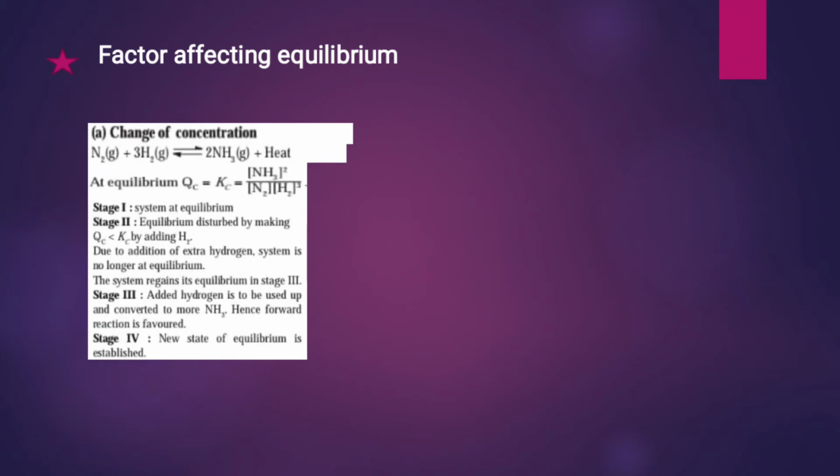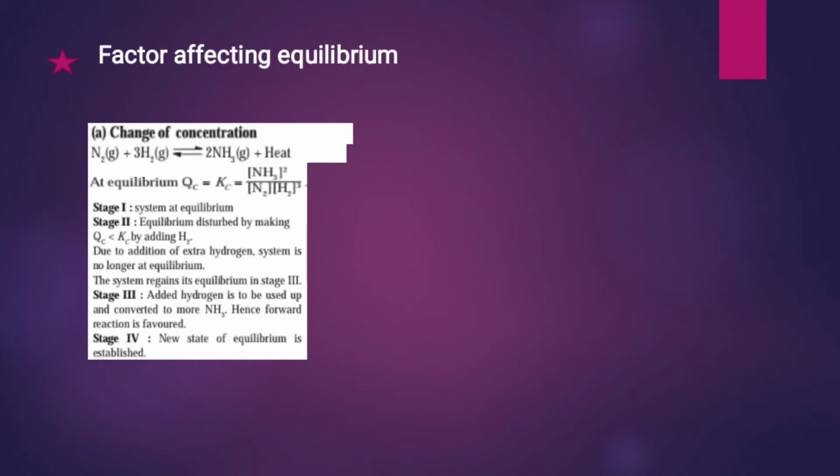Here delta N is Np minus Nr, that is the number of moles of product minus the number of moles of reactant. So you get 2 minus 4, that is minus 2. So in this reaction delta N will be minus 2.